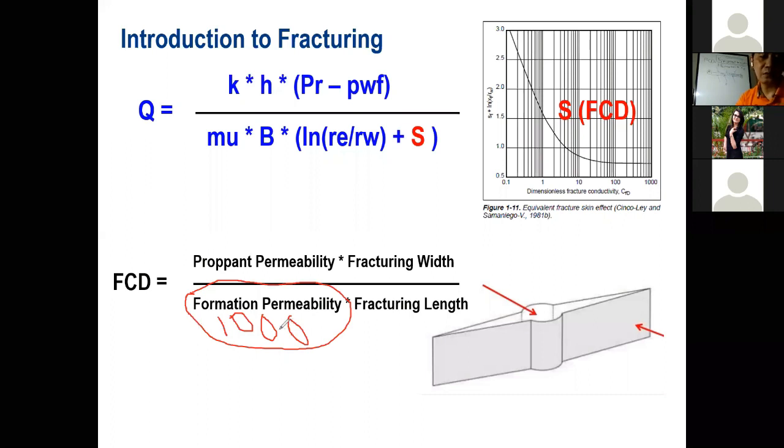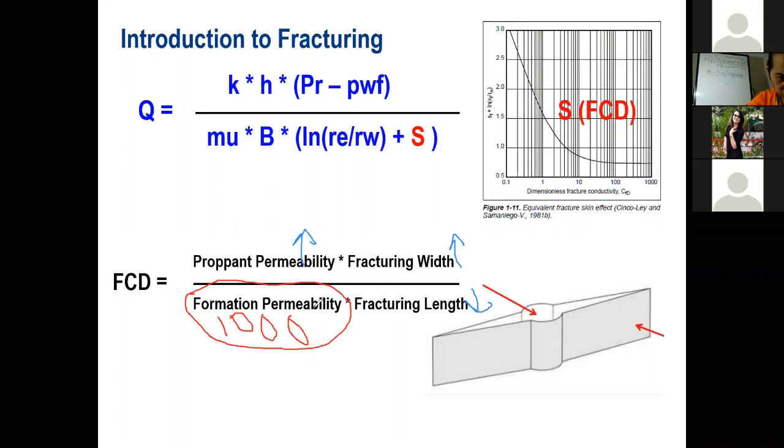Let's say you deal with a high permeability formation and you have 1000 here. Of course, the whole thing here is divided by 1000, right? And it's very hard for you to get FCD correct. So in this case, you really want to move your FCD high by having the width up. Agree or not? Permeability up, while the length down.